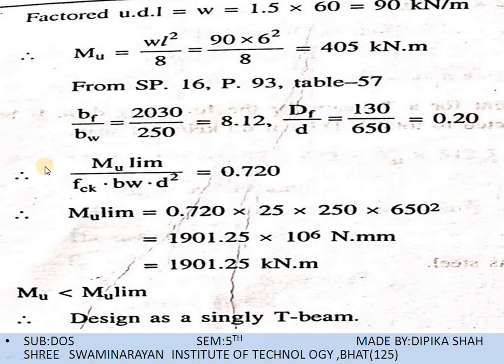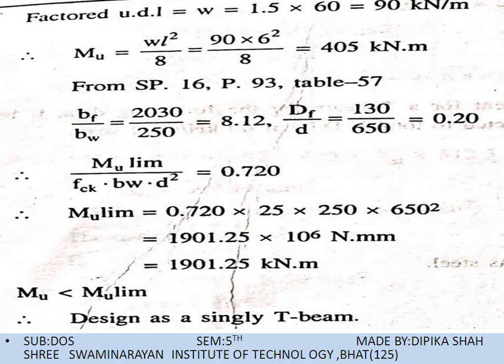So first of all we have to do a factored UDL. So here UDL is given 60 kilonewton per meter, so we will multiply with the 1.5 and we will get a factored UDL 90 kilonewton per meter, right. So after finding a factored UDL we will calculate a MU.